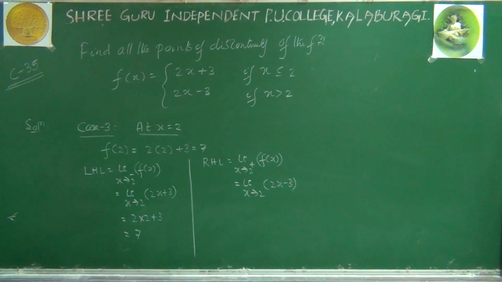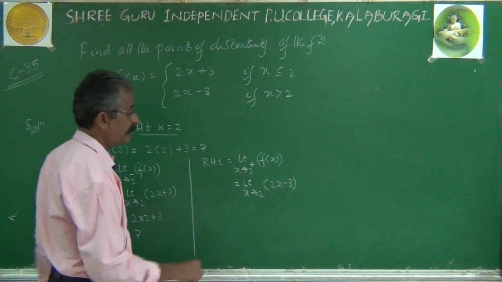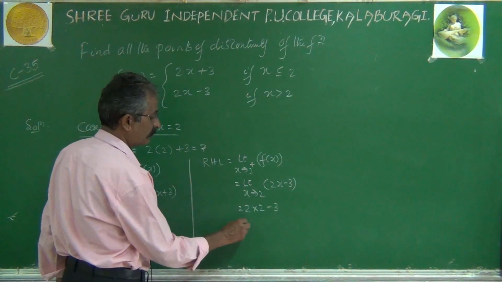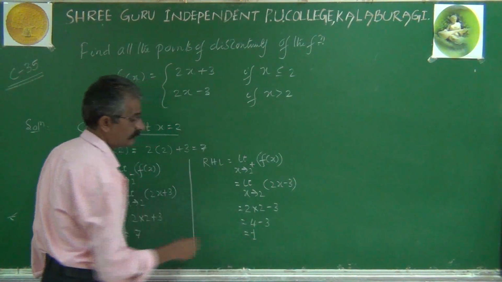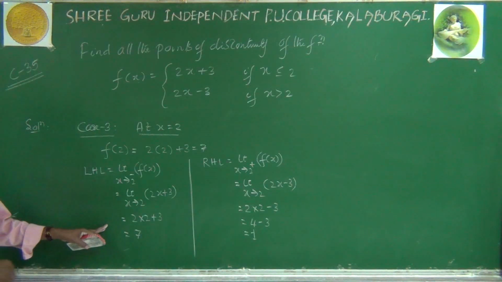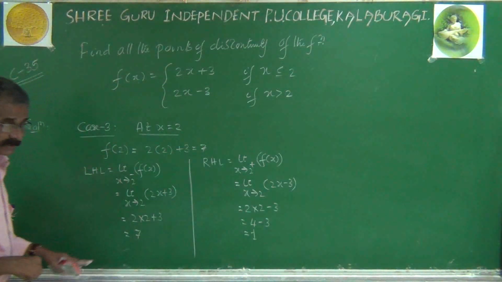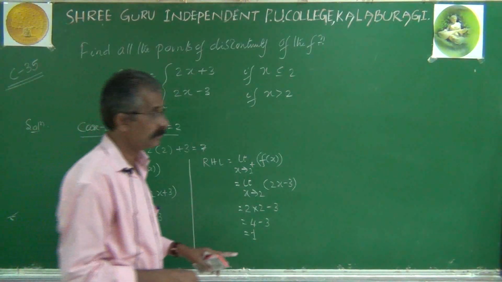Replace x by 2 because it doesn't have 0 by 0 form. On replacing x by 2, 2 into 2 minus 3, that is 4 minus 3, which is 1. LHL is 7, RHL is 1. However, they are unequal, so the function is discontinuous at x equal to 2.